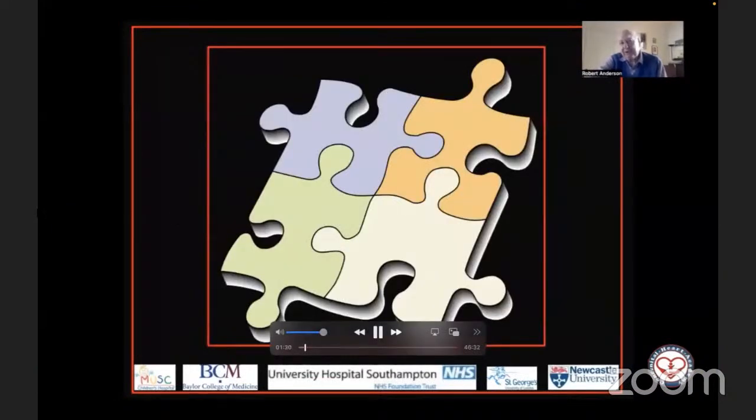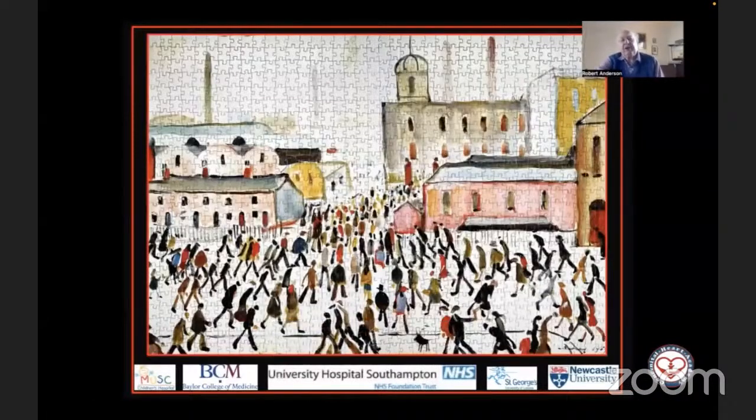So you'll remember I showed you this from the previous episode when we discussed atrial development. We find, first of all, the pieces, we put them together, and it can be complicated. So I shared with you this huge jigsaw by L.S. Lowry, Going to Work.